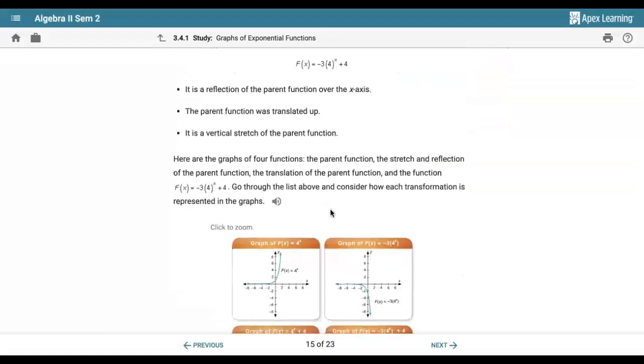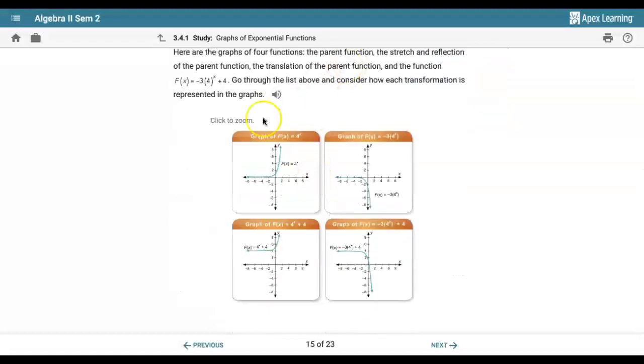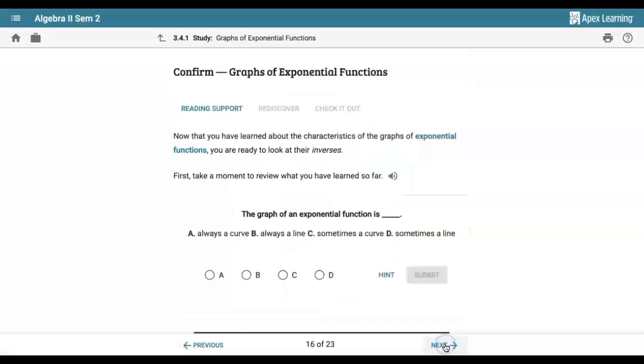If we look at the individual pieces, multiplying by -3, we flip across the x-axis and have that stretch. If we go up by 4, we move our function up 4. When we add them together, they're flipped and stretched, then we move it up by 4.